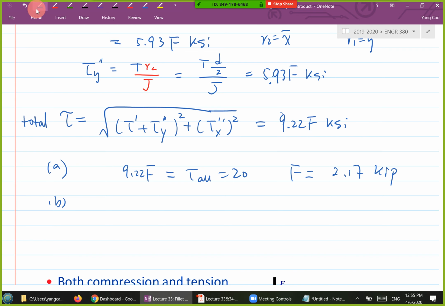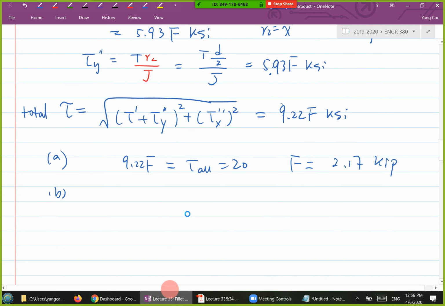So for part B, we need to start almost from the beginning. Part B gives you the material properties for the electrode and also the base metal. So first step, you need to list all the material properties.